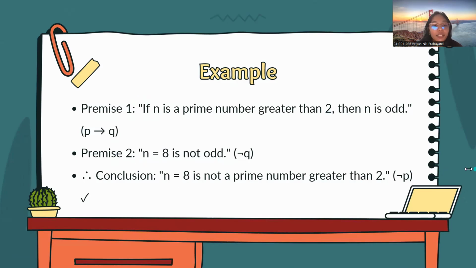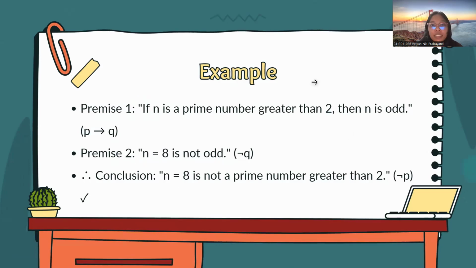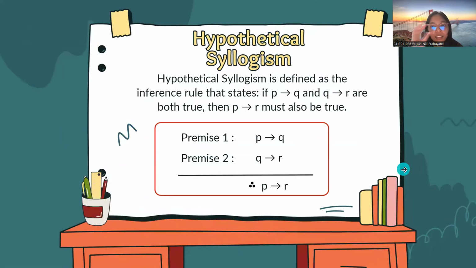Okay, let's move to the last drawing conclusion rule, hypothetical syllogism. Hypothetical syllogism is defined as an inference rule that states if P then Q and if Q then R are both true, then if P then R must also be true.